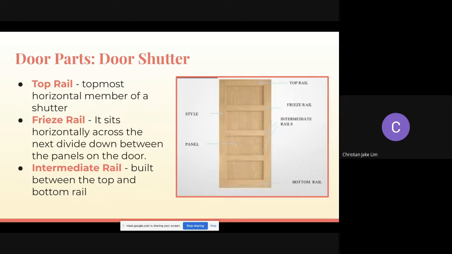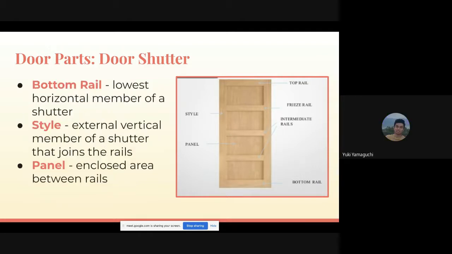The intermediate rail, built between the top and the bottom rail. Next slide, please. The bottom rail being the lowest horizontal member of a shutter. We have the stile, which is an external vertical member of a shutter that joins the rails. And lastly, we have the panel, which is an enclosed area between rails. The next one.